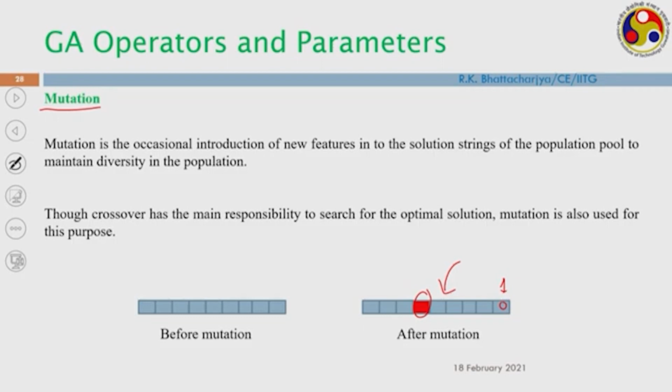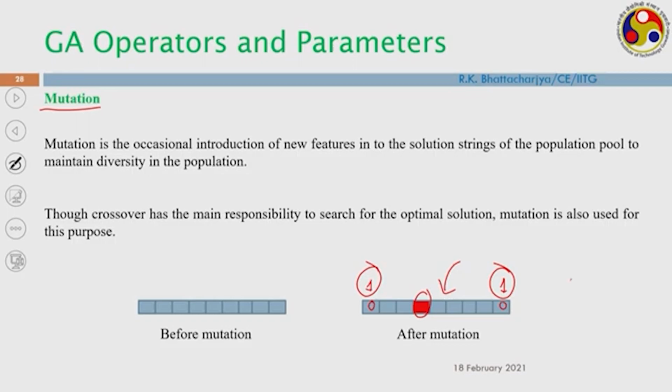But if the change is in a more significant bit, there will be a huge change in the decoded value. The right-hand side bits are the less significant bits: if there is a change in such a bit, the corresponding change in the decoded value is very small, but if there is a change in a significant bit, the corresponding change will be very high.